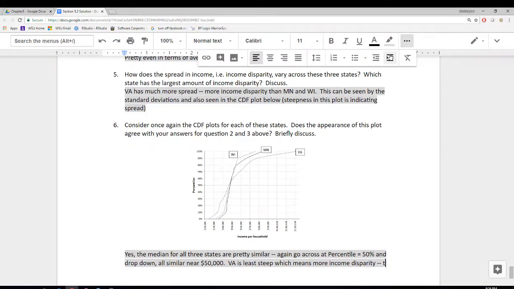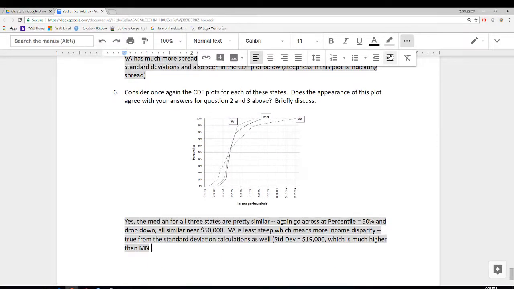This is true from the standard deviation calculations as well. Standard deviation 19,000, which is much higher than Minnesota and Wisconsin.